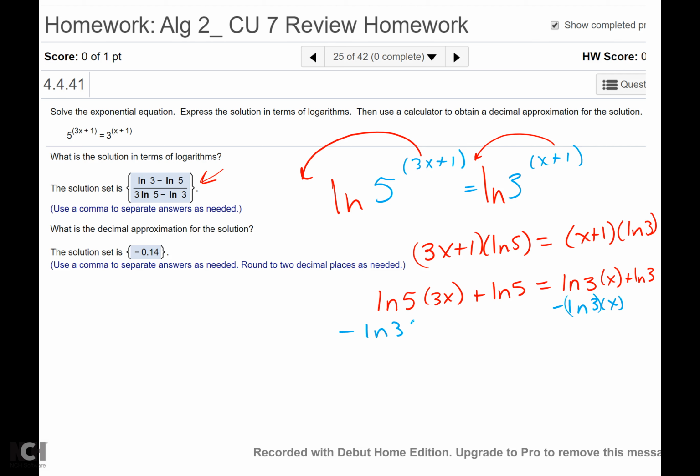I get ln 5 times 3x minus ln 3 times x equals, minus ln 5, equals ln 3. So now, let's see.